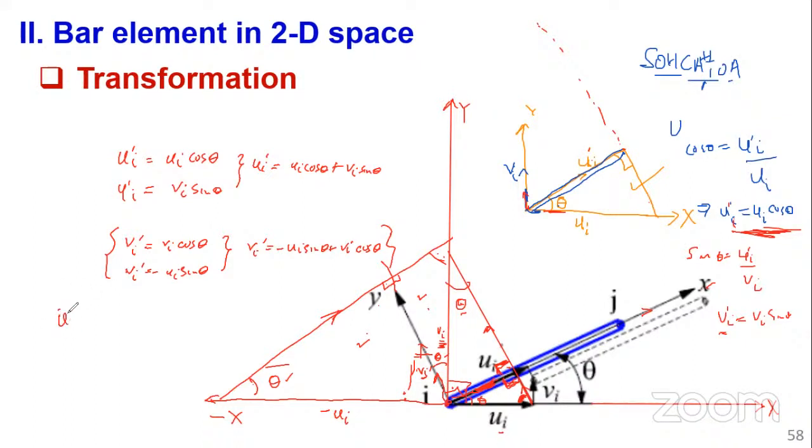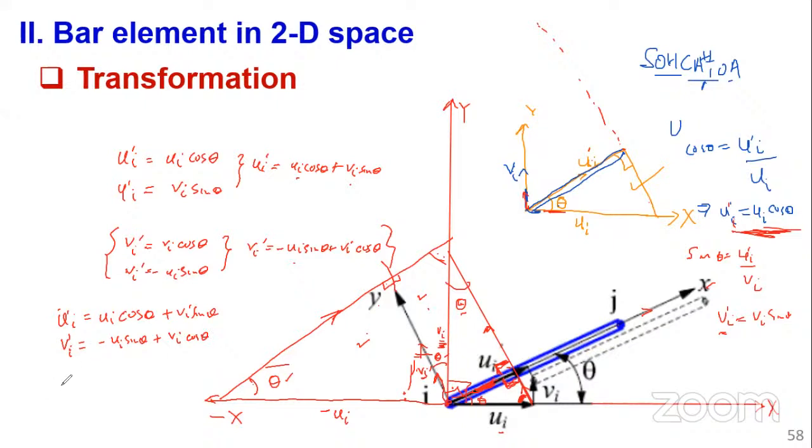U prime I is equals to UI cos theta plus VI sin theta. Let's arrange in terms of UI, VI. And V prime I is equals to minus UI sin theta plus VI cos theta.